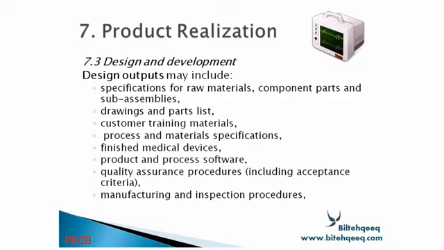And design output may include specification for the raw materials, component parts and sub-assemblies, drawing and parts trays, customer training material, process and material specification, finished medical devices, product and process software, quality assurance procedures including acceptance criteria, manufacturing and inspection procedures.